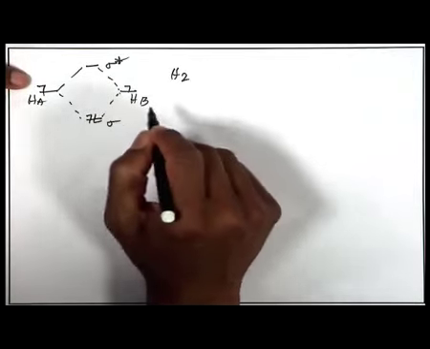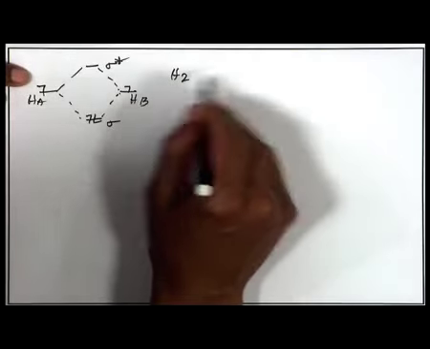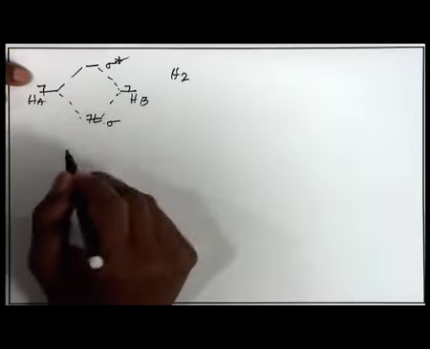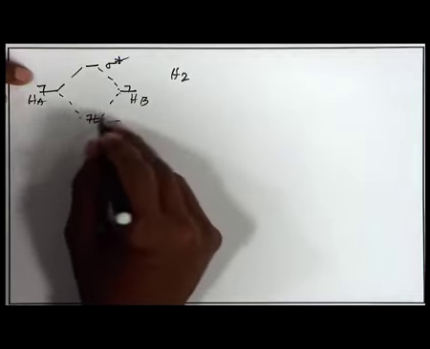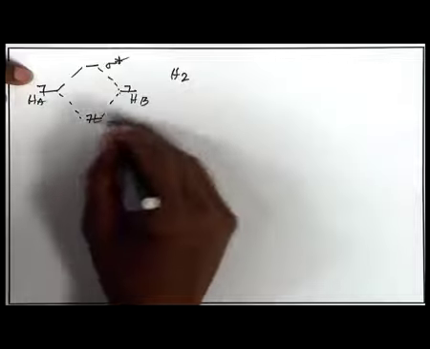Now, we can talk about the stability of the hydrogen molecule. We know that it is very stable. How? Because there is a pair of electrons between the two hydrogen atoms. That pair of electrons is located in the sigma orbital.